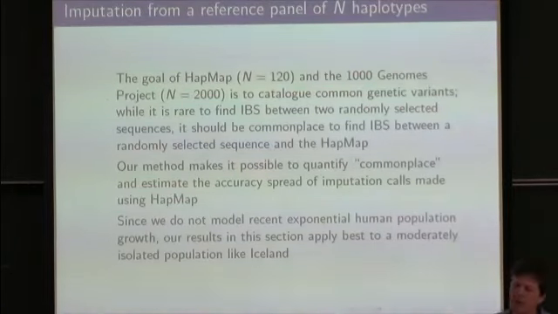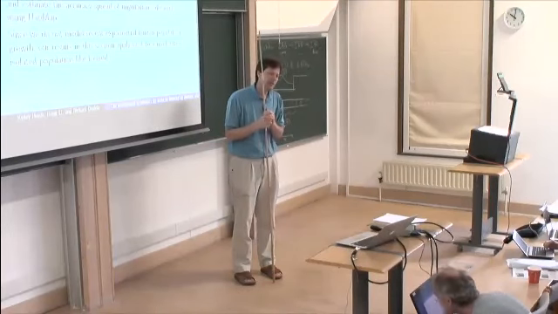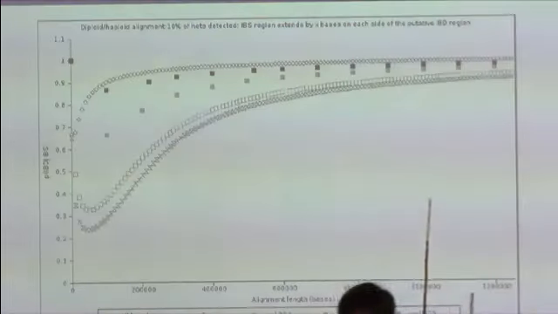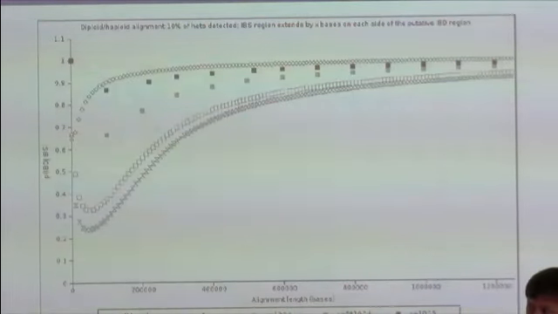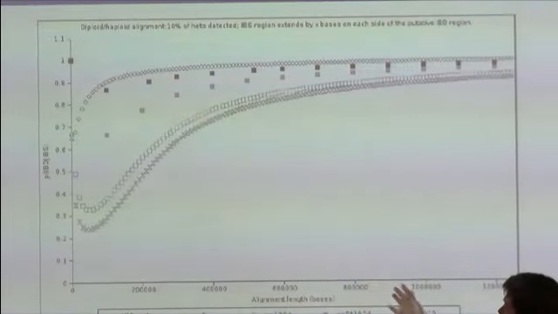So, can we actually make some proposals about what the consequences of this are for imputation? So we've been calculating the full probability of IBS. These are all conditional I've been showing you so far, but we can actually say what's the chance of finding a match in a panel of size 120 haplotypes, or 500 haplotypes, or 1,000 haplotypes, of finding a match that's 500,000 bases long, or 1,000,000 bases long.